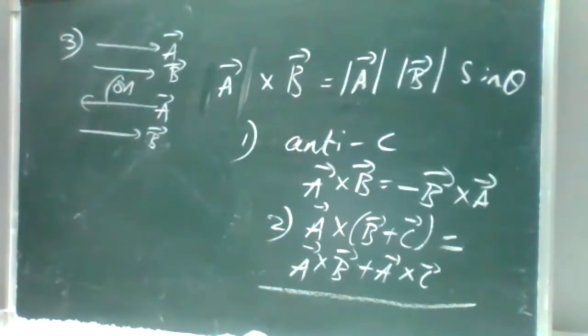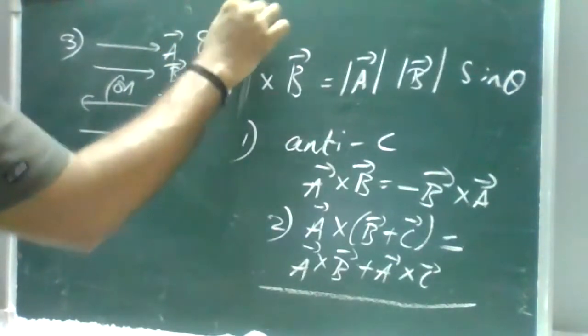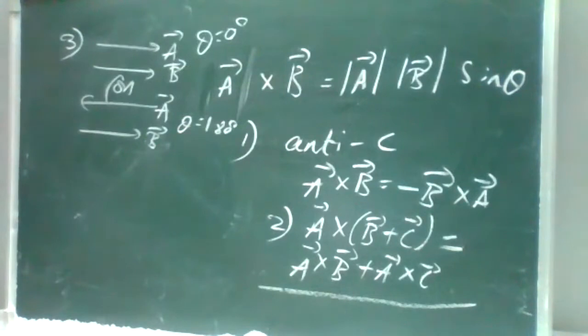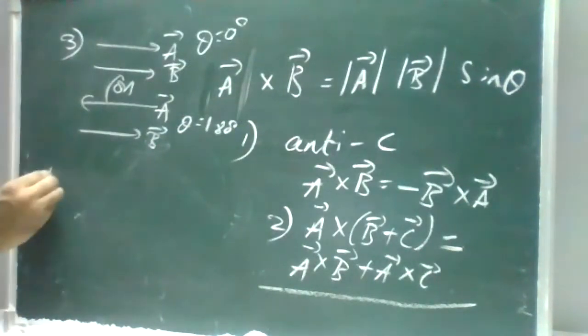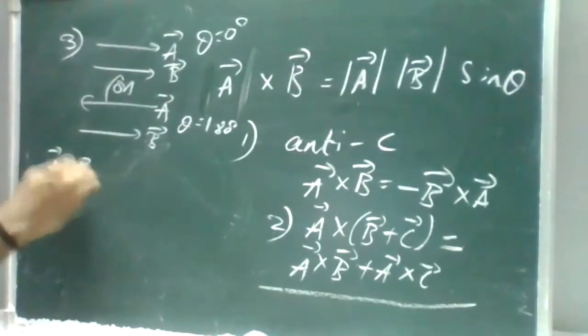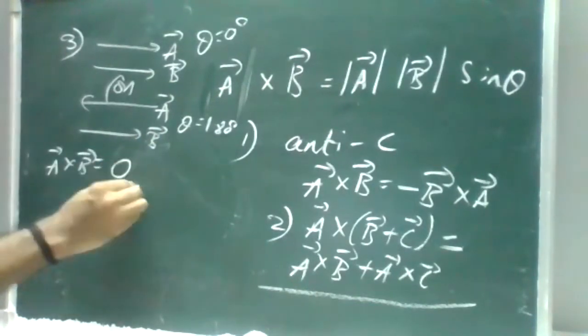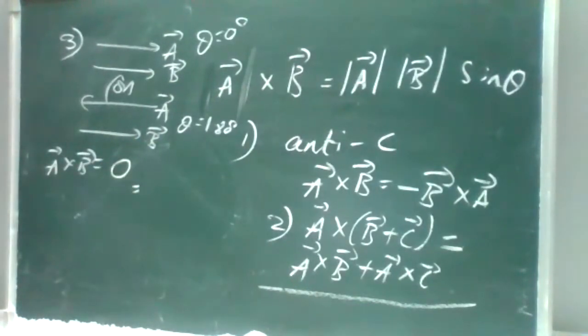When it is parallel, theta is equal to 0 degrees. When it is anti-parallel, theta is equal to 180 degrees. Then its product, A vector cross B vector, is equal to AB sine theta. Here sine 0 is 0, and sine 180 is also 0. This is the third point.